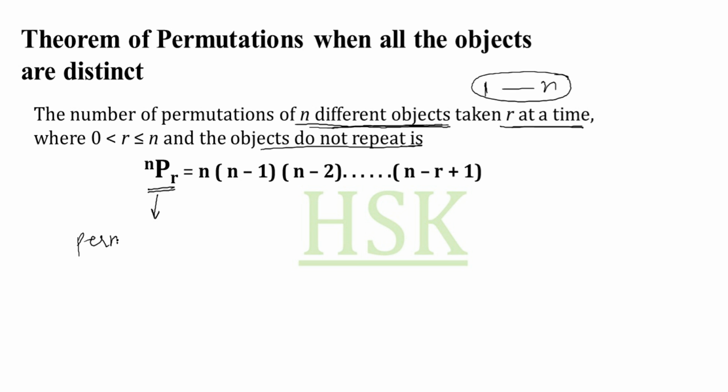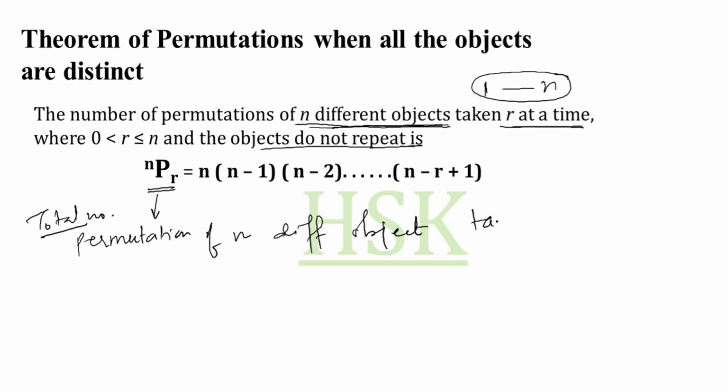It is a short form of the total number of permutations of n different objects taken r at a time. So this is given by n into n minus 1 into n minus 2 and continued up to n minus r plus 1.